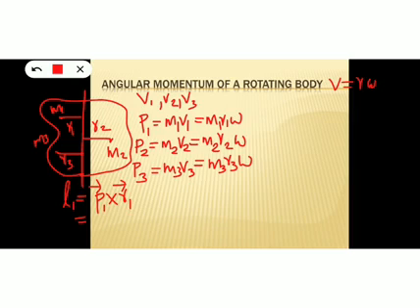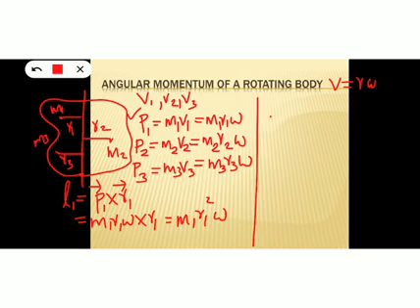From here we get the expression for P1: P1 is equal to m1 r1 omega, cross r1, and that is equal to m1 r1 square omega. Similarly, the angular momentum of the second particle, L2, will be equal to m2 r2 square omega.